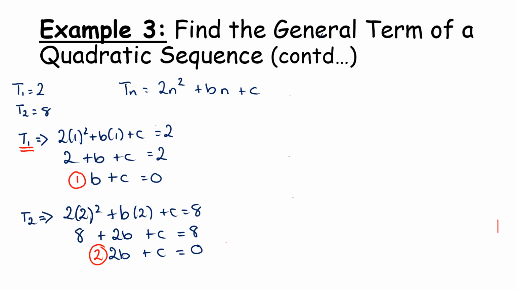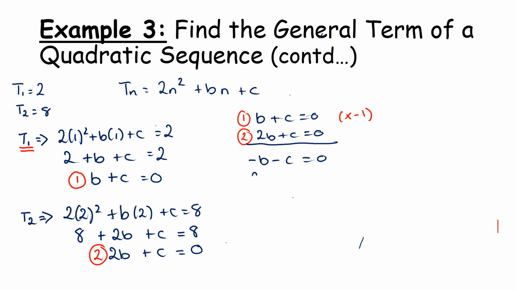So now we can use simultaneous equations to solve for b and c. So we get b plus c equals 0, 2b plus c equals 0. I'm going to multiply the top line by minus 1 so that we can eliminate the c. So minus b minus c equals 0, 2b plus c equals 0.